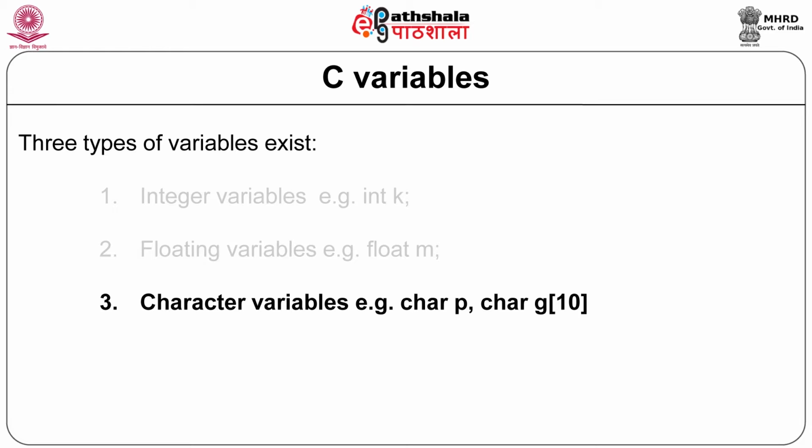For a float variable, we write float as the data type and then the variable name. In a character variable, we write char as the data type and then the variable name. Here P or G in square bracket 10 is considered a character variable.